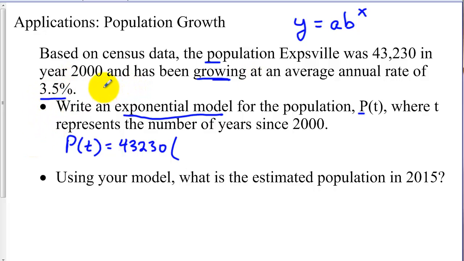So our rate is 0.035. And remember, when we want to create a b value, we have to add 1 to that. So our b value would be 1.035. And t, our x, is going to be our years since 2000. So that would be the model. So if we wanted to find the population in 2015, that's 15 years after 2000. So t is 15.